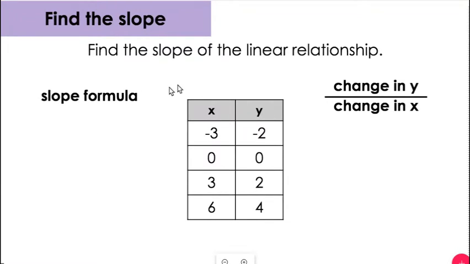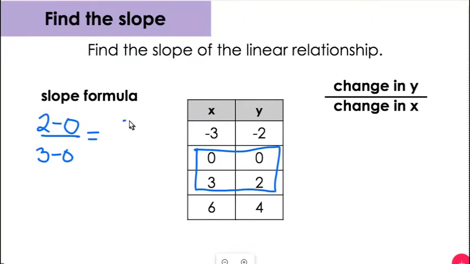Let's find the slope again. Let's use the formula. I'm going to go ahead and grab these points that have 0, 0 because I think the math will be faster. Second y minus the first y, second x minus the first x. 2/3 is my slope. Change in y over change in x.